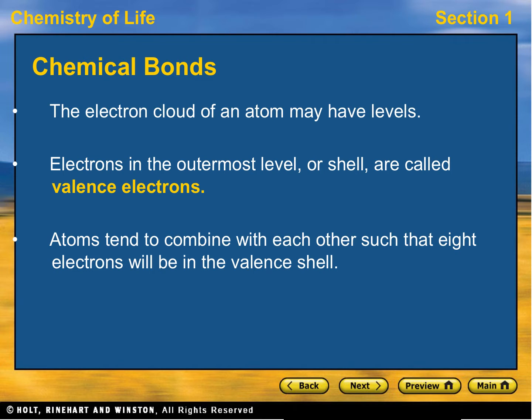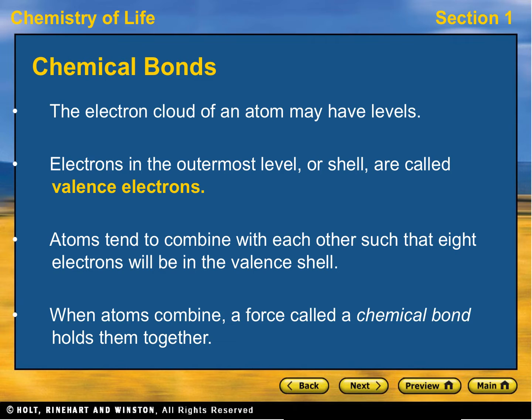So they're going to try to combine with other atoms or elements to obtain these 8 valence electrons. They could do that by sharing their electrons, which we'll talk about in a minute when we talk about covalent bonds, or they might give and take to get 8 valence electrons. And when we give and take, we get what we call an ionic bond.